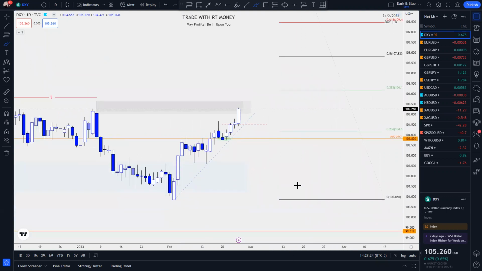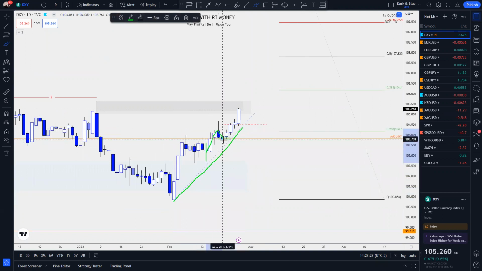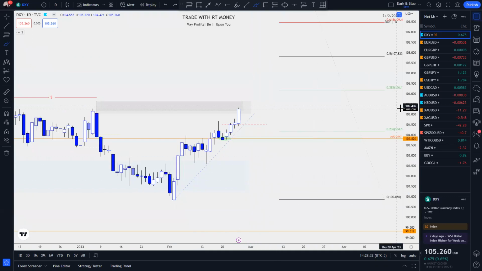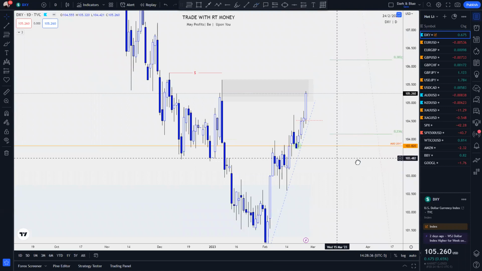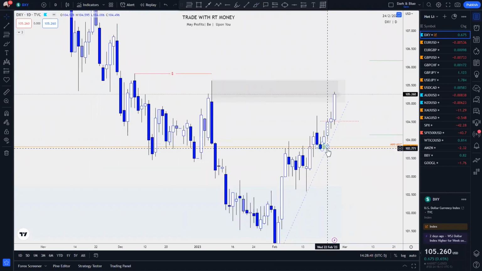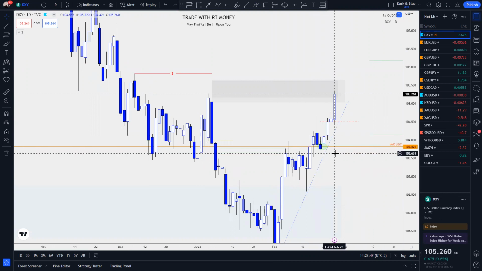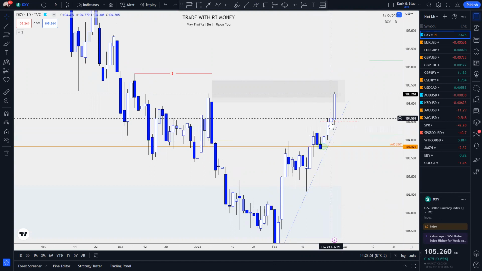I also pointed out that we have a trend line here that price is kind of respecting. When it came back here, I said maybe it might come back and retest that trend line. Well, it came very close to where the major breakout level and the trend line intersect, and you see what happens from there.